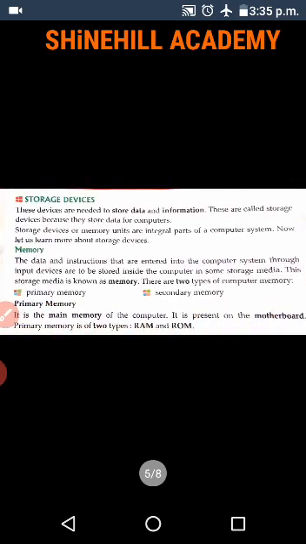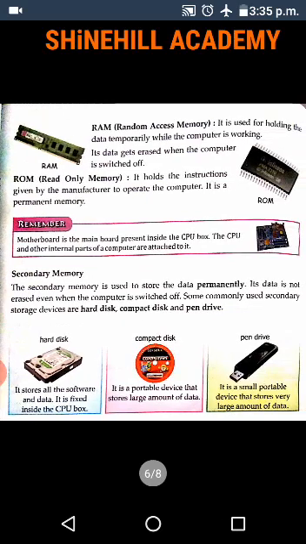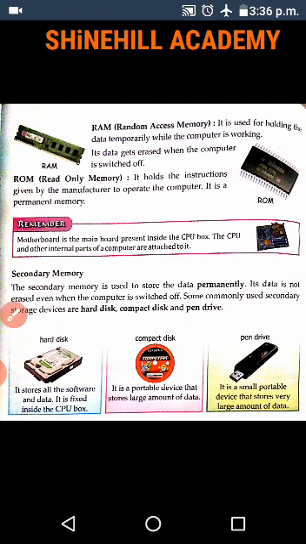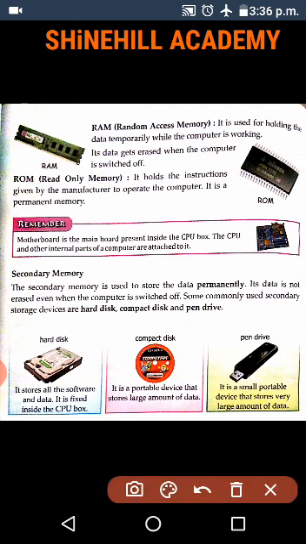Primary memory is classified into two types. It's RAM and ROM. RAM is a temporary memory and ROM is a permanent memory. In primary memory, when you switch off a computer, the data are erased. In secondary memory, even if your computer is switched off, your data are still stored.